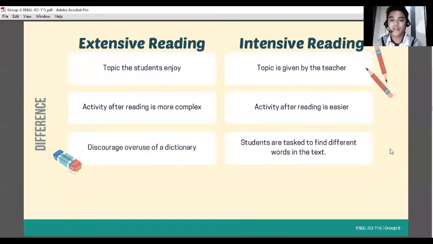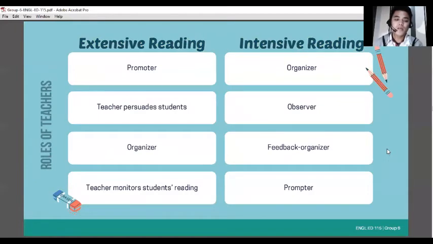As a teacher, here is our role. For extensive reading, we are the promoter. So we promote reading for the students to read more, and we persuade students to read. We are also the organizer here. Why organizer?